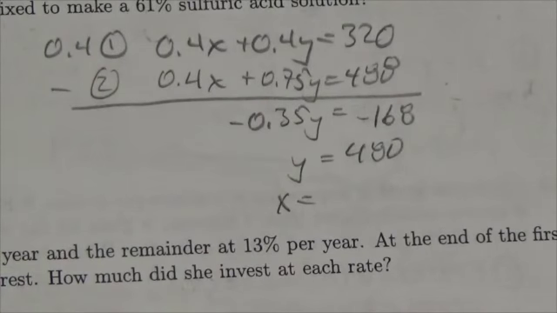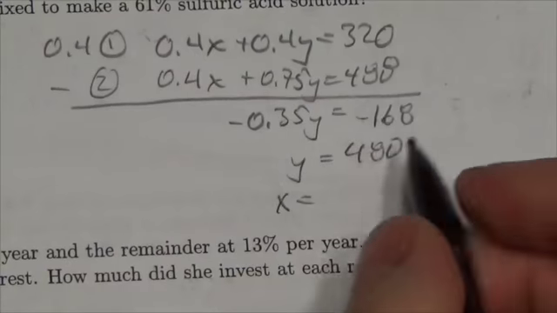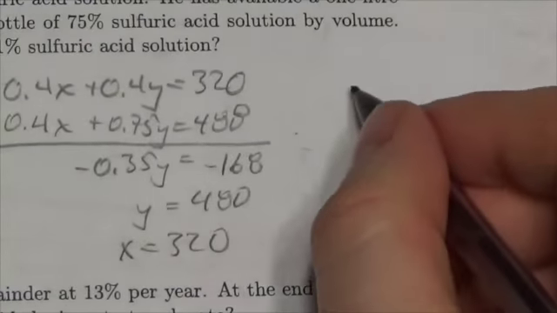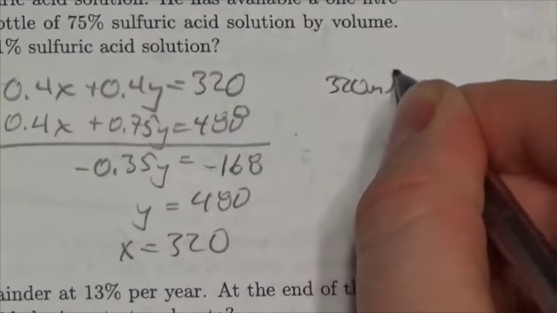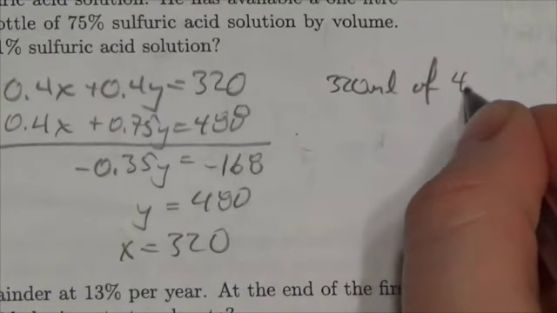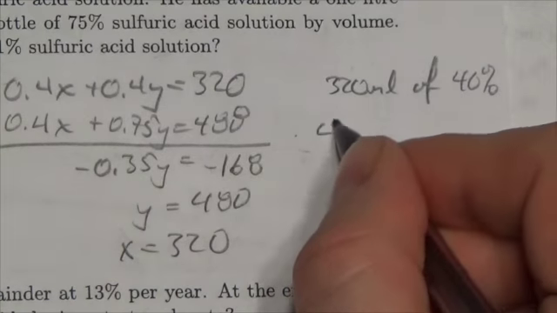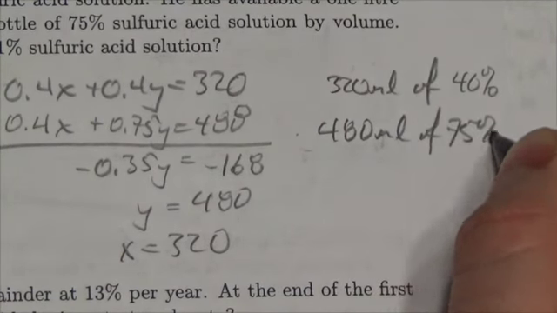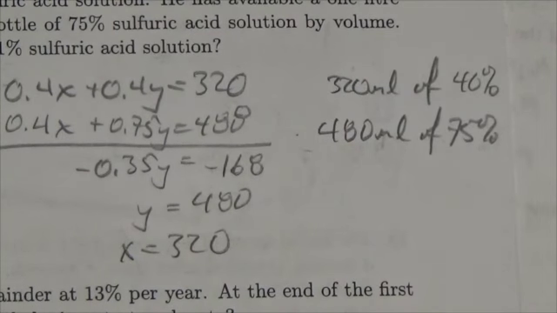So 800 minus 480 is going to be 320. So what that means is I need 320 mils of 40% solution and 480 mils of the 75% solution. And that's the answer we're looking for.